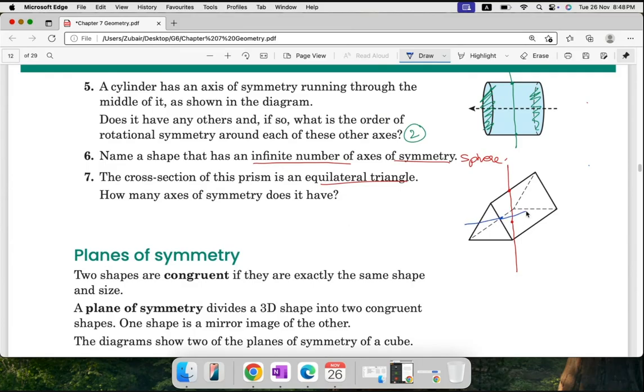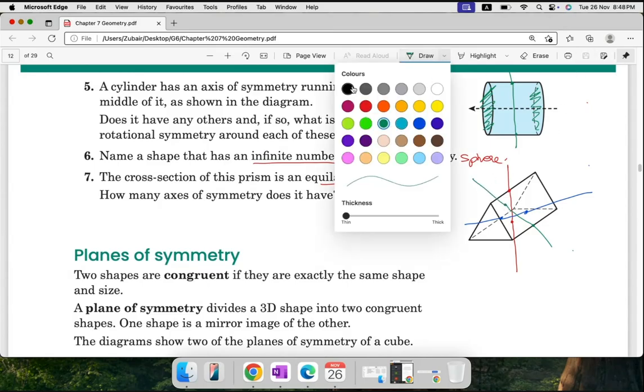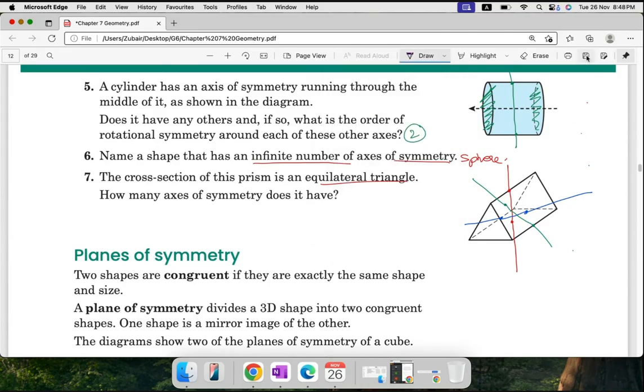Coming from this point and leaving from the opposite side. And similarly, the third one entering from this point and leaving from the center of the other. Any else other than these? No, I don't think. What about we come from the side, enter the center and leave from the center on the other side? Yes. So we actually have 4 axes of symmetry for this shape.